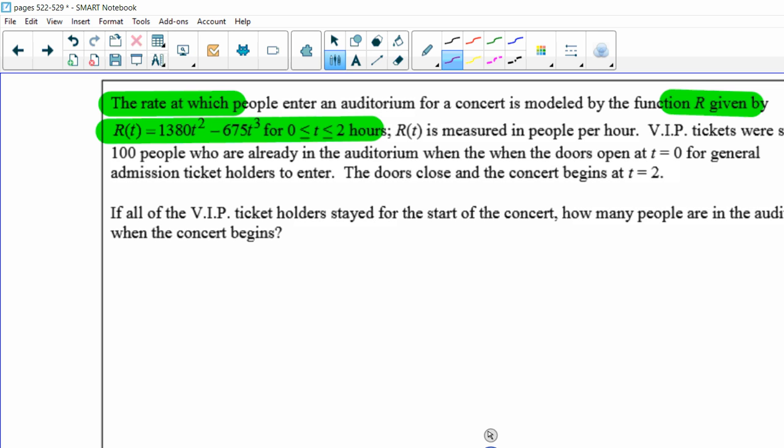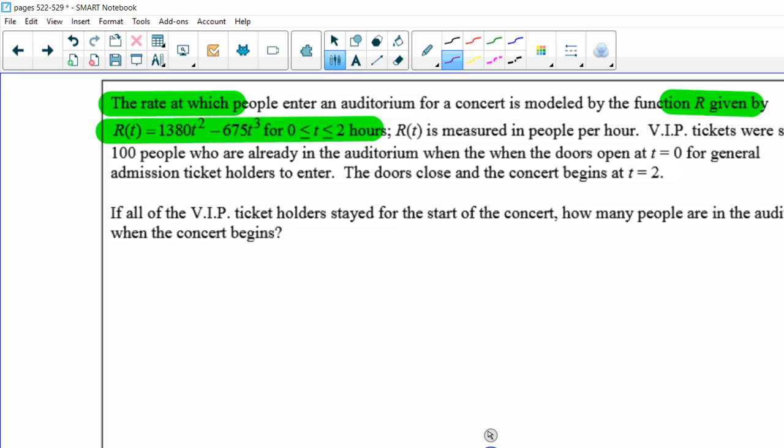So, where are you confused? I just don't understand the concept with the VIP tickets, how that works. There are 100 people in the auditorium before. They were the important people, the people who were willing to pay extra because they wanted extra. They were in there already. Oh, because they already had VIP tickets? Right.